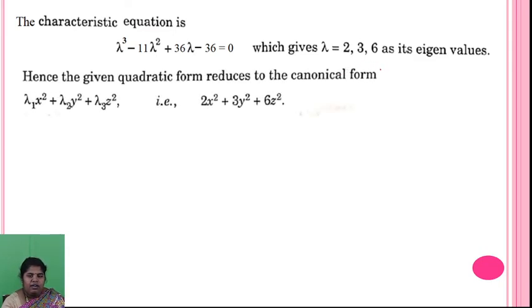Now we write the canonical form expression given by lambda 1 x square plus lambda 2 y square plus lambda 3 z square. In the place of lambda 1 replace 2, in the place of lambda 2, 3, in the place of lambda 3, 6. So the canonical form is 2x square plus 3y square plus 6z square.